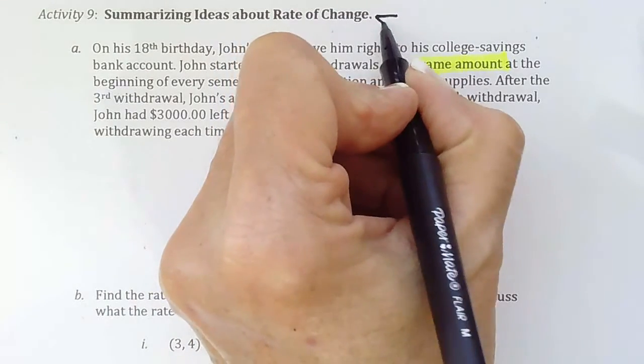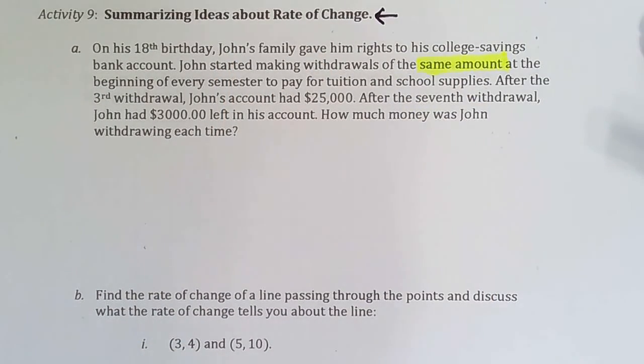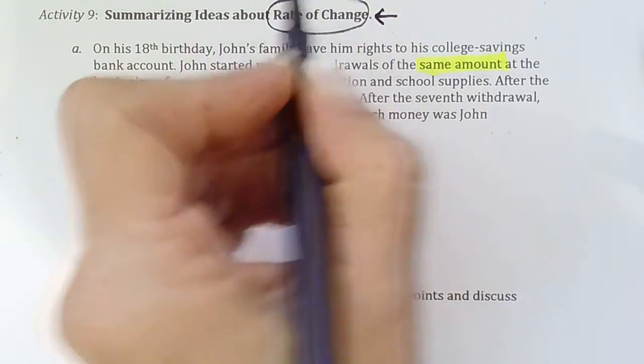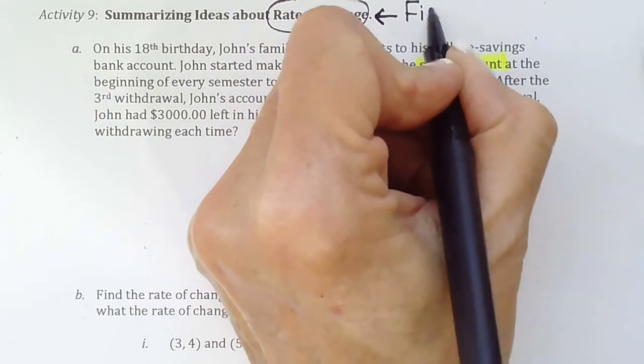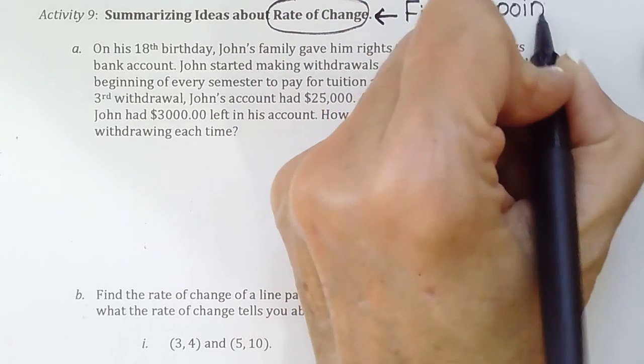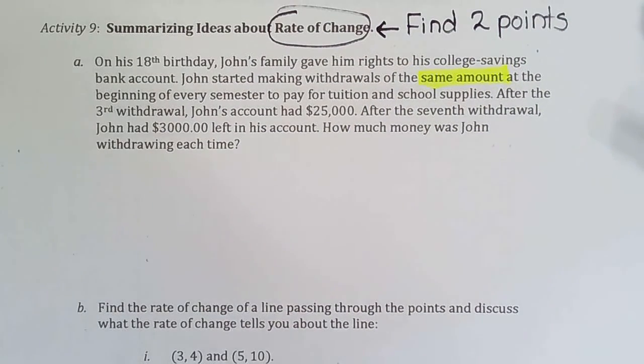Just like when we were doing those warm-up problems with Pedro and the roller coaster and the pizza and the internet, we always had to start with 2 points. So this tells me to find 2 points, because that's how we do rate of change when we don't have a graph, right? y2 minus y1 over x2 minus x1. That's what that tells me.